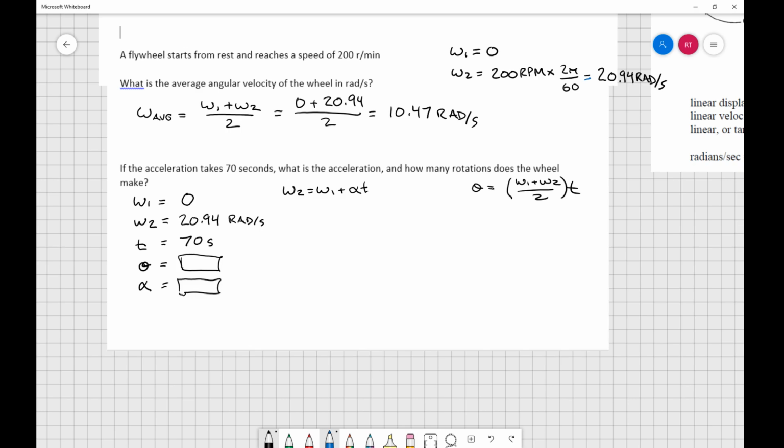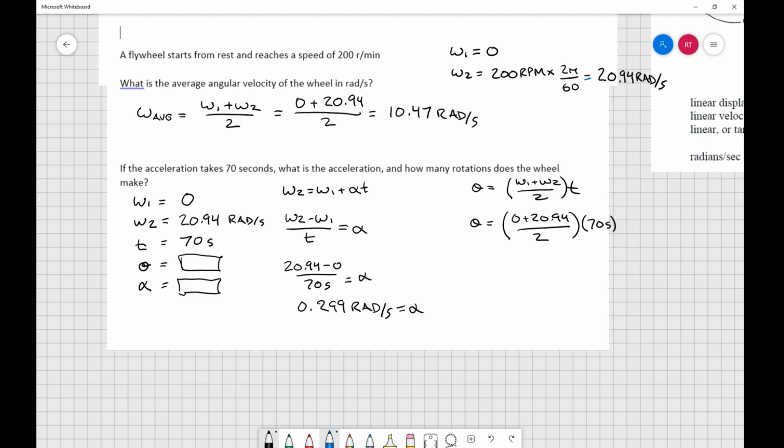So rearranging this guy, omega 2 minus omega 1 upon t is going to be alpha. 20.94 minus 0 on 70 is equal to alpha, and my alpha is 0.299 rad per second squared. Theta is going to be equal to 0 plus 20.94 upon 2 times 70 seconds.